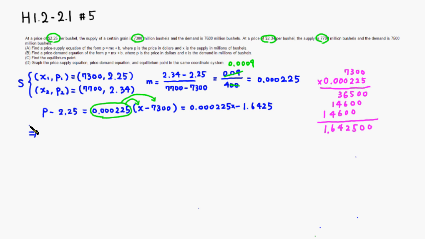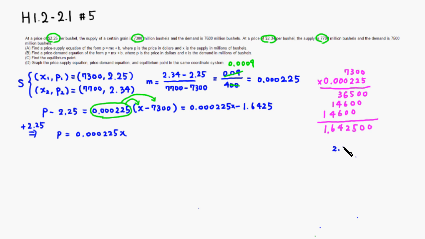So the last step would be adding 2.25 to that. Then you're going to get p is equal to 0.000225x, and then we have 2.25 minus 1.6425.